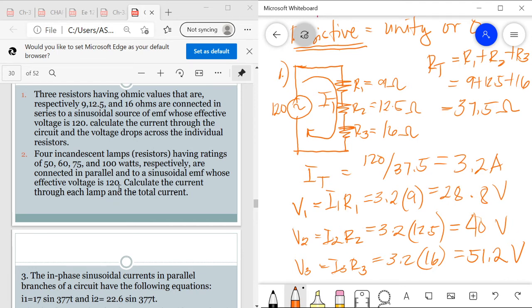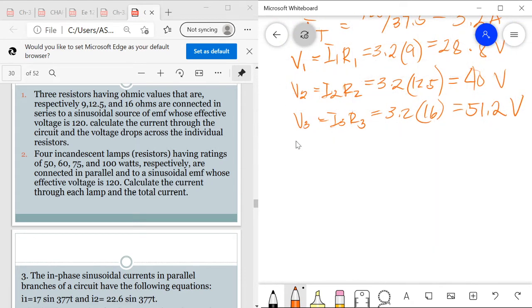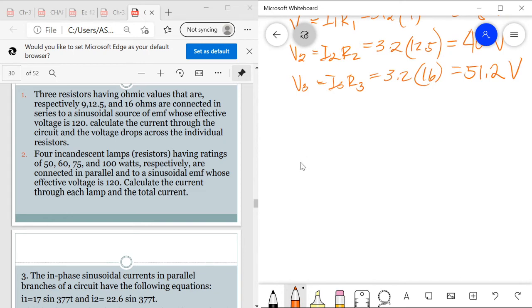Calculate the current through each lamp and the total current. So, number 2, we have 4 incandescent lamps. So incandescent lamps are resistive loads. They are connected in parallel.